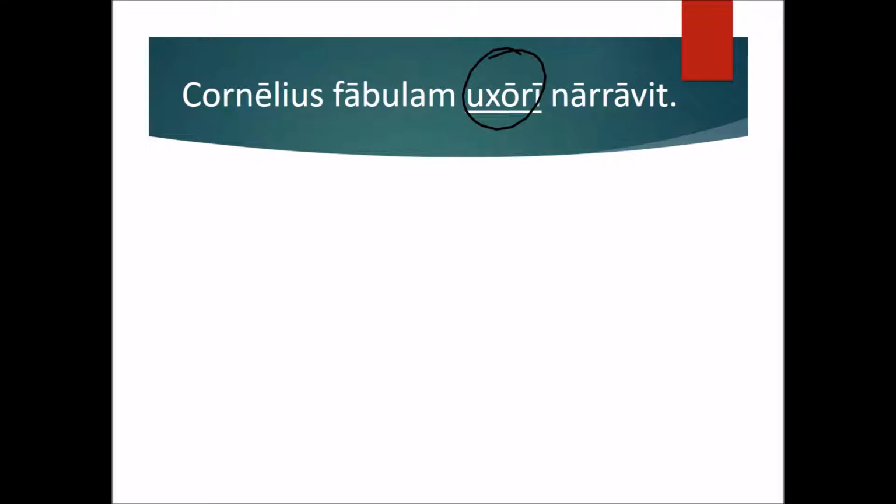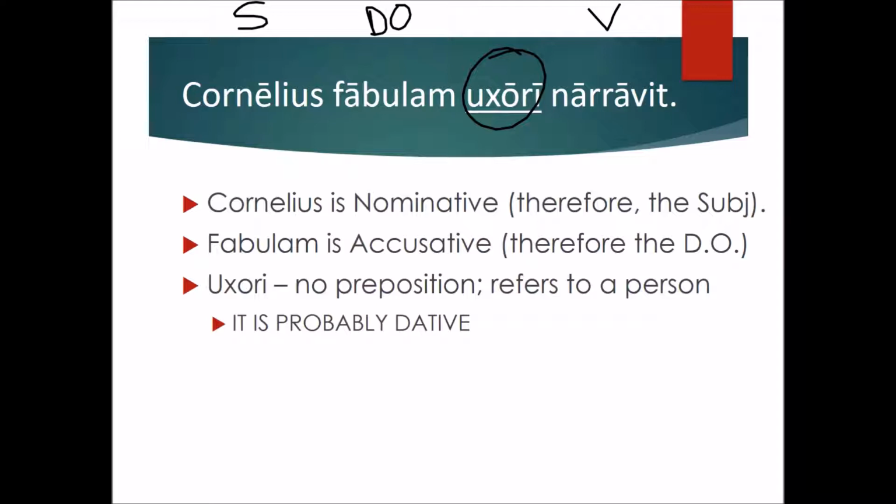As we look at this sentence, Cornelius is our subject, fabulam is our accusative direct object of our verb, and we have the word uxori. Since there is no preposition, we need to go on to our second step, whether or not it refers to a person. Because it refers to a person, this word is most likely dative, or indirect object, to mean Cornelius told the story to his wife, or alternatively, Cornelius told his wife the story.